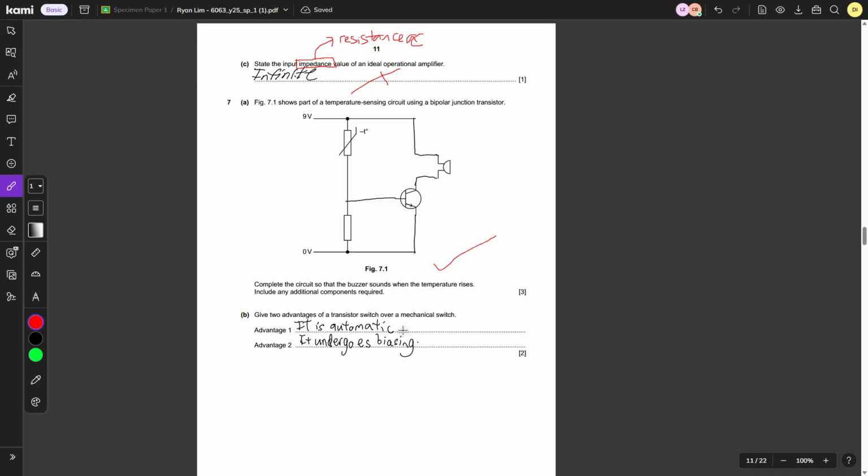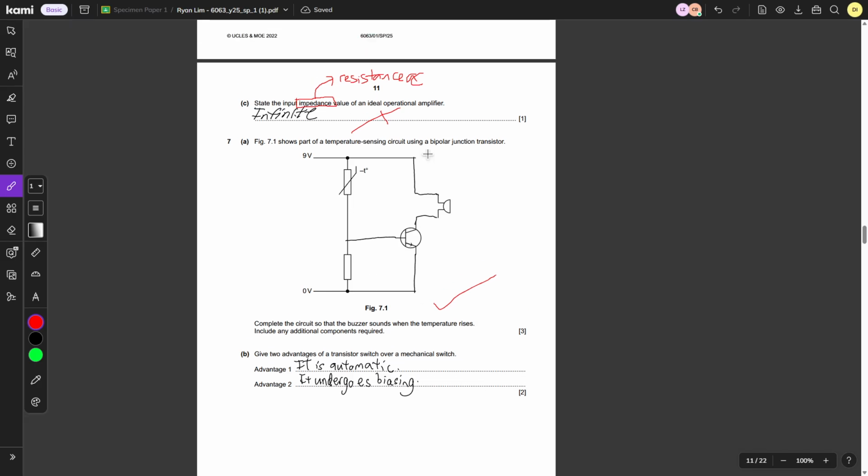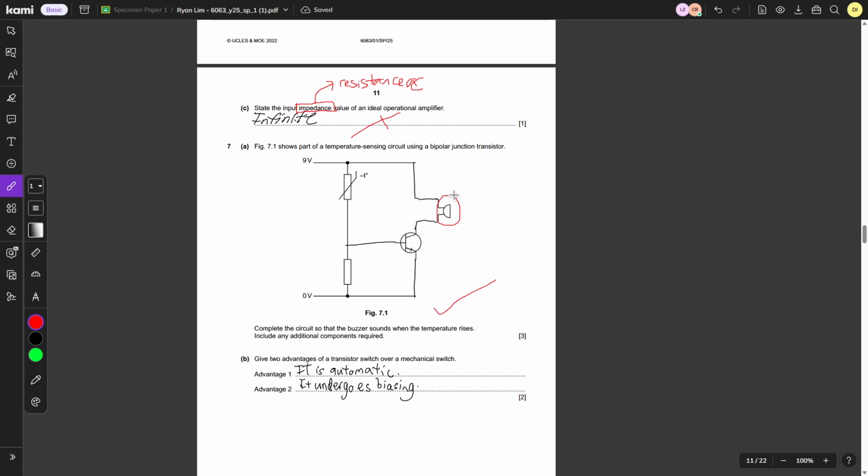Hold on. Oh yeah, okay, you may wonder if in this circuit you need a flyback diode, because this is a buzzer, and buzzers have coils of wire in them, which will release energy when current stops flowing in it.